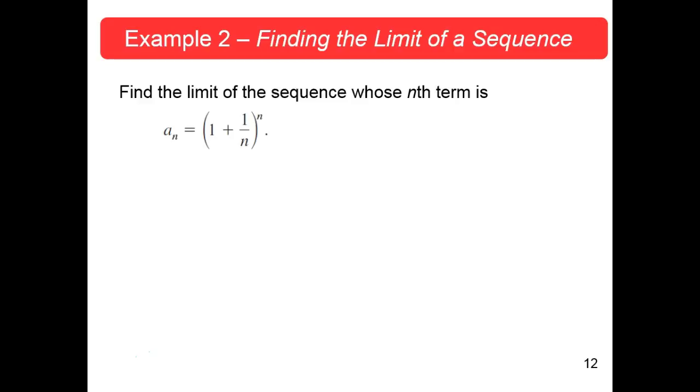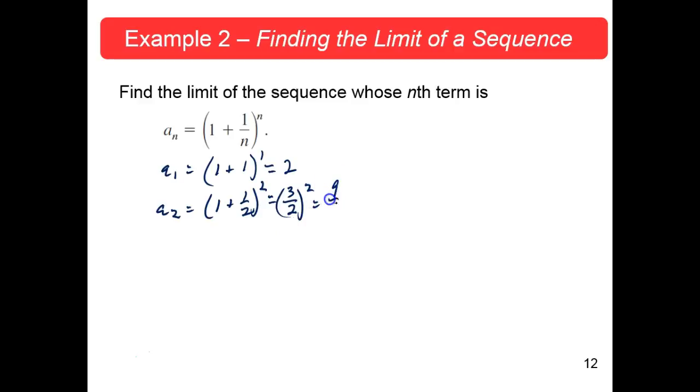Now, let's start the brute force way. A sub 1, that would be 1 plus 1 to the first, which would be 2. A sub 2 would be 1 plus 1 half to the second, which would be 9/4.